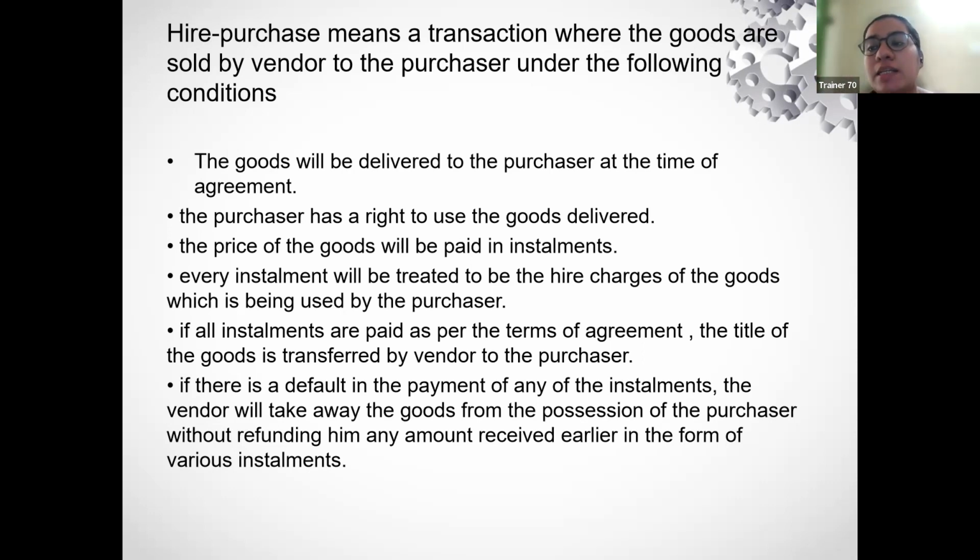In case there is a default on the side of the purchaser, I'm the purchaser, if I have made the default, I have missed the payment of any of the hire charges, the vendor will come and take away the goods from my possession, and he will not refund me any of the amount which I have paid till date. These are the conditions which need to be satisfied under hire purchase agreement.